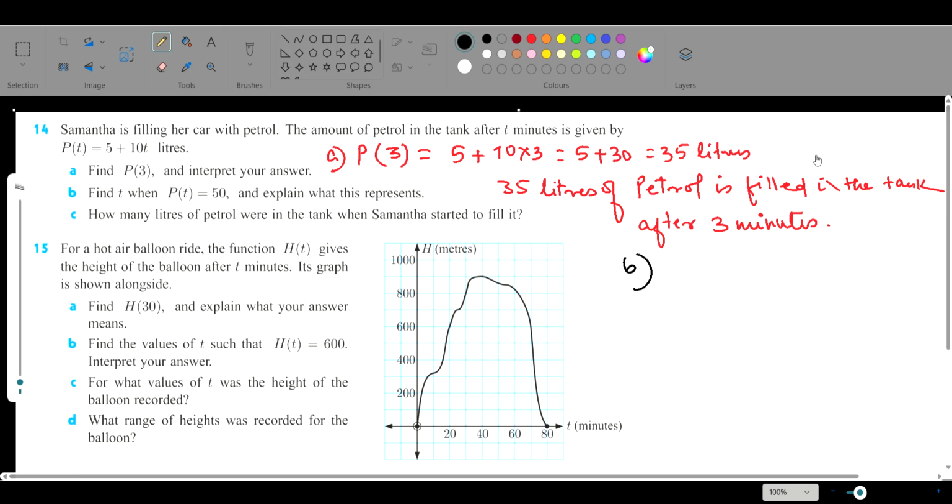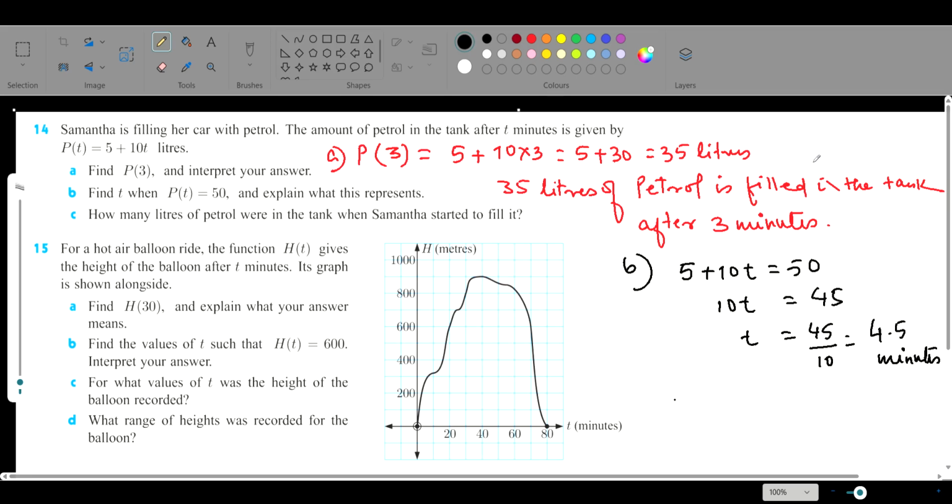So, in what minutes is the petrol tank at 50 liters? How do I solve this? 5 plus 10t equals 50. 50 minus 5 is 45. t is 45 over 10, which is 4.5 minutes.